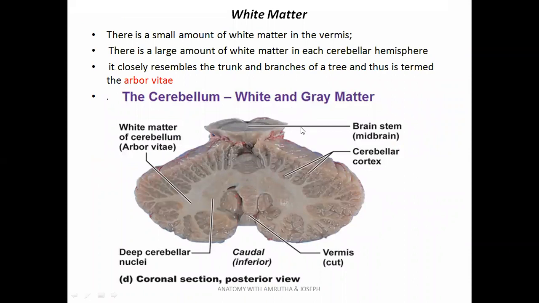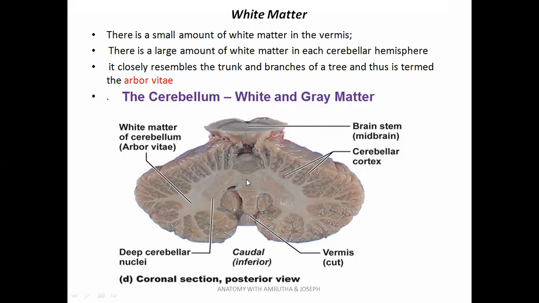Now coming to the white matter of the cerebellum. This can be seen very clearly, the white matter here, and the white matter is covered by the gray matter. This is a section of the cerebellum. You can see the brainstem here, the midbrain area here, and this is the pons.